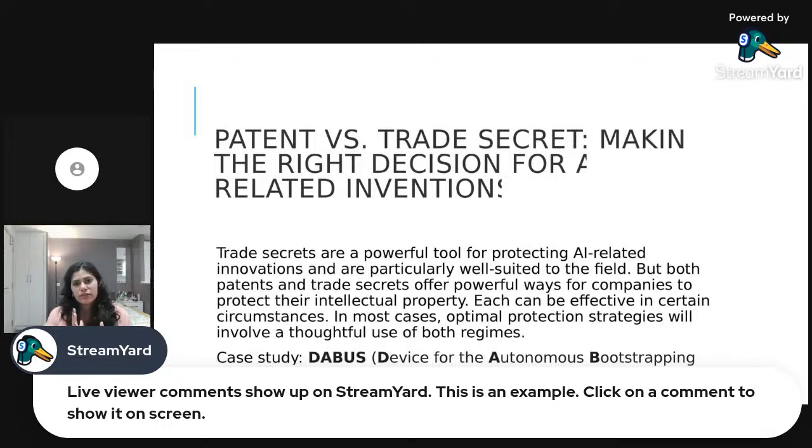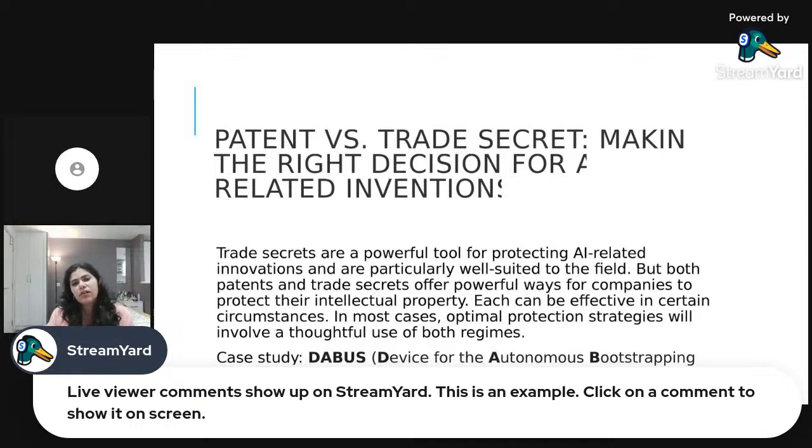The decision whether to patent or to keep it as a trade secret represents an important strategic decision for many companies. As an initial matter, the decision between patents and trade secrets is not always mutually exclusive, because in some instances a company can file a patent on the public facing part of a product, which can't really be kept as a trade secret because it is not a secret, it has to be public facing.